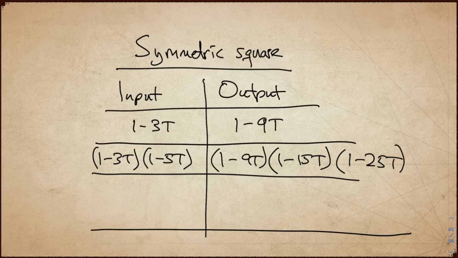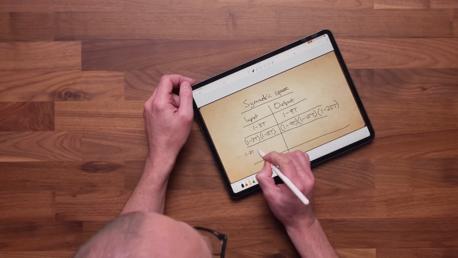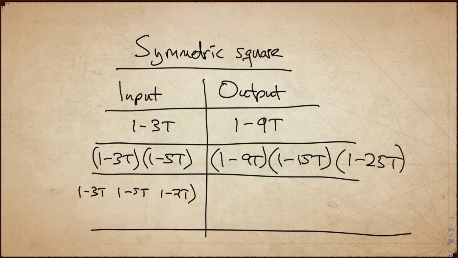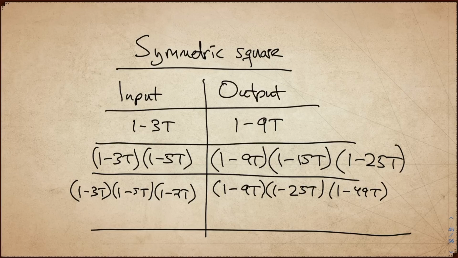So the square, the product, and the other square. Finally, if you have 1 minus 3t times 1 minus 5t times 1 minus 7t, that would go to the degree 6 polynomial with t coefficients 9, 25, 49, 15, 21, and 35. All the squares and all the pairwise products.